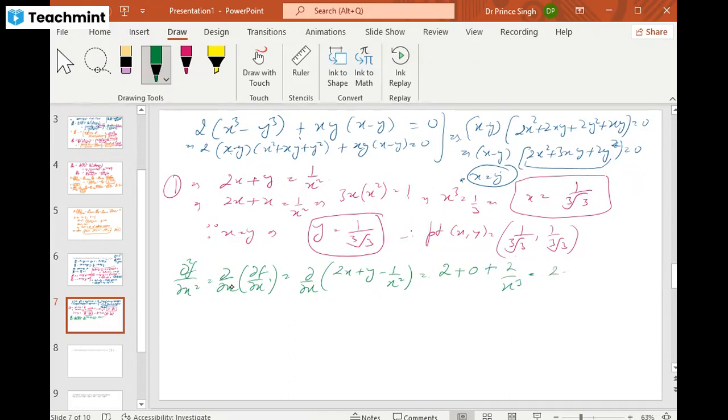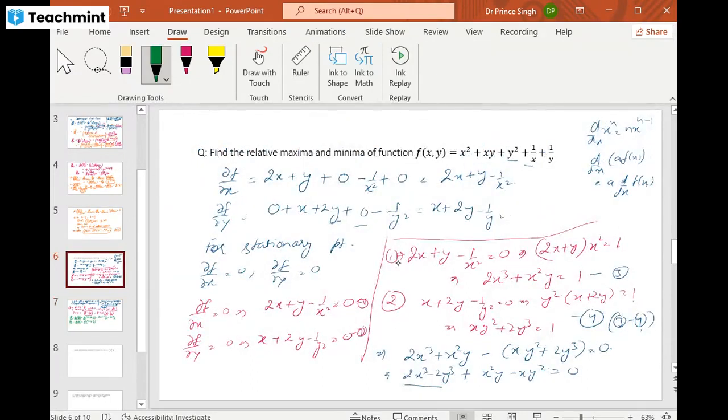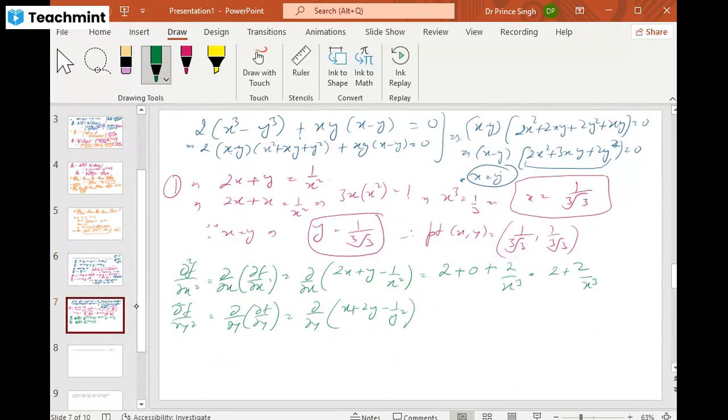So it is 2 plus 2 upon x³. Similarly, ∂²f/∂y² is ∂/∂y of ∂f/∂y, that is ∂/∂y of (x plus 2y minus 1 upon y²). Derivative of x is 0, derivative of y is 2 upon y³. So it is 2 plus 2 upon y³.